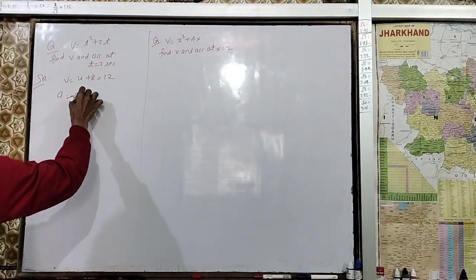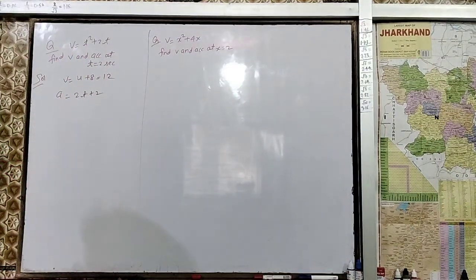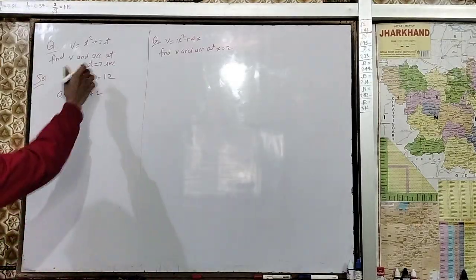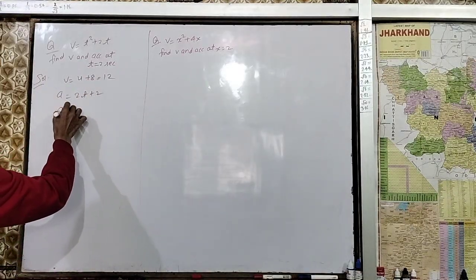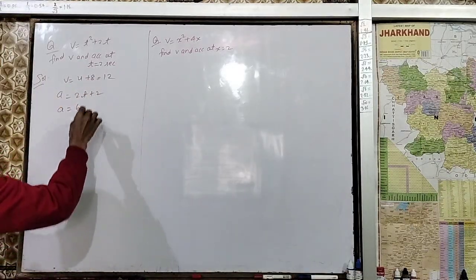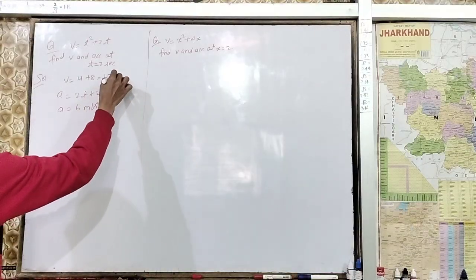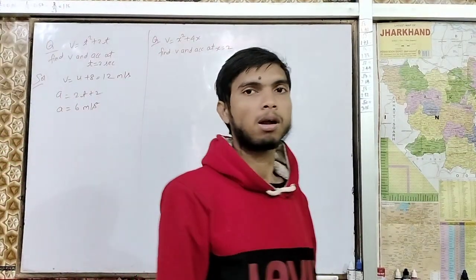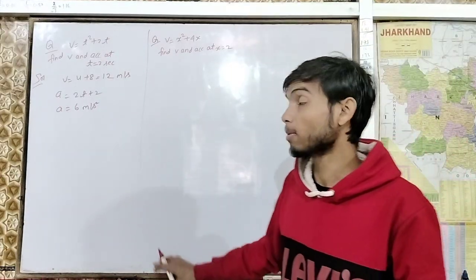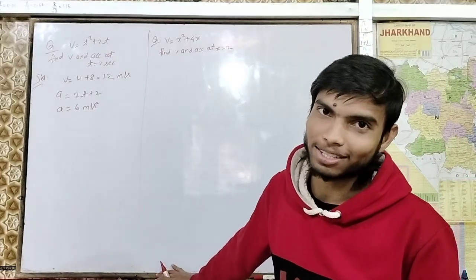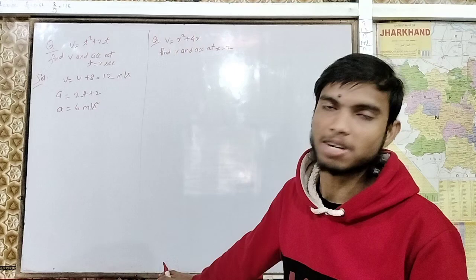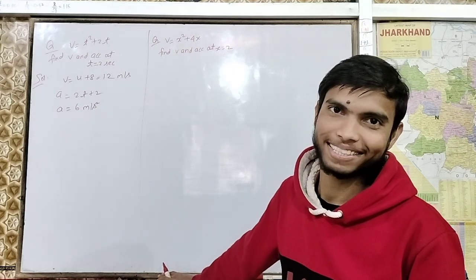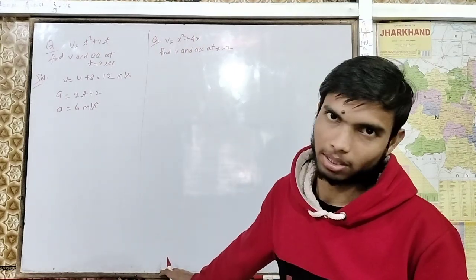So 2t plus 2, and t is given, which is 2. 2 to the 4, 4 to 6. Meter per second, and acceleration is 6 meter per second square. That's it. This is what the question was asking.